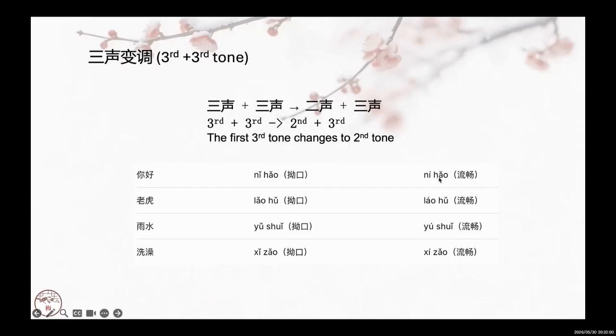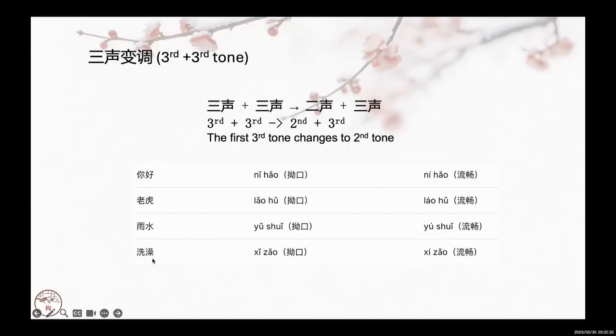The second example, 老虎, means tiger. Instead of the full third tone, we can say it in an easier way. The third example, 雨水. Instead, we should say it the easier way. It's faster and it's easier, right?